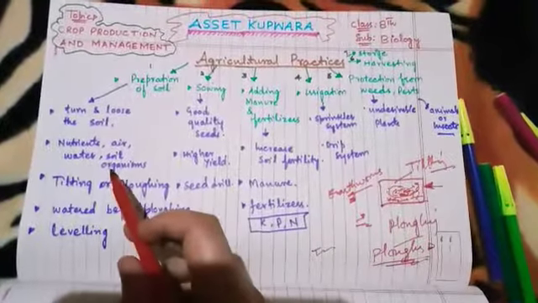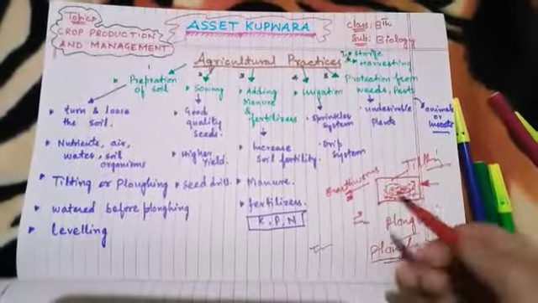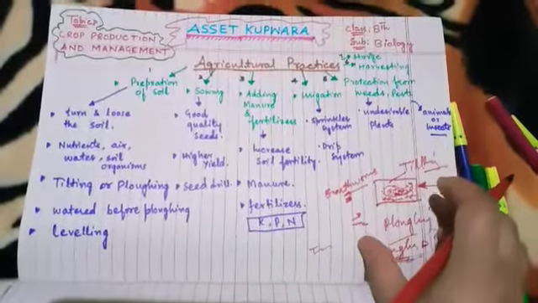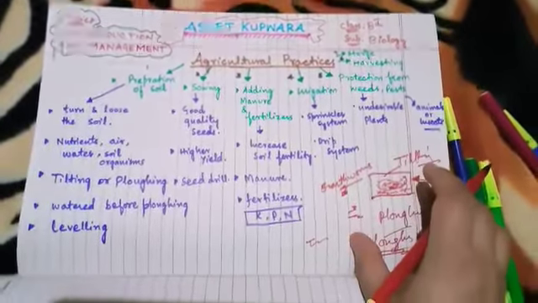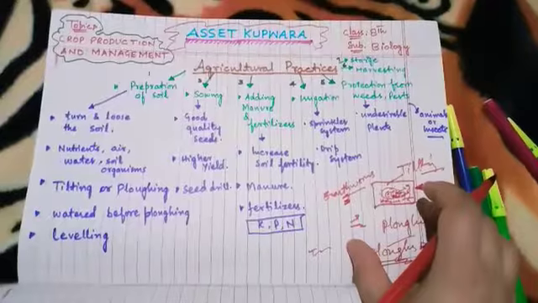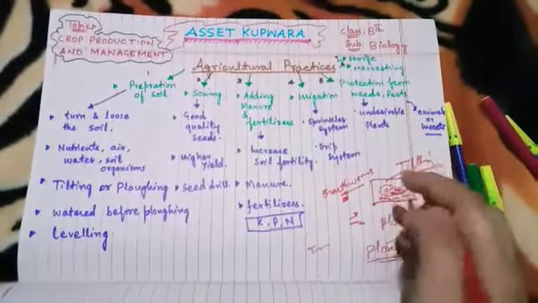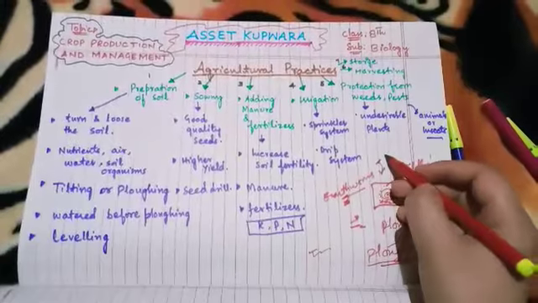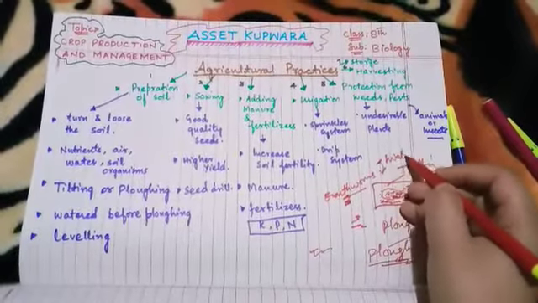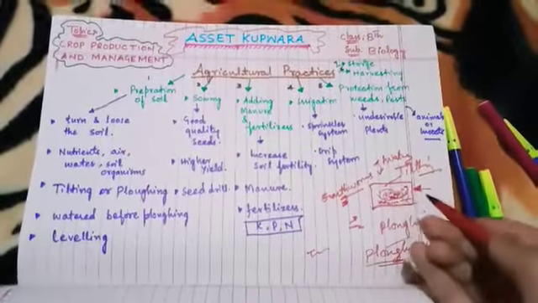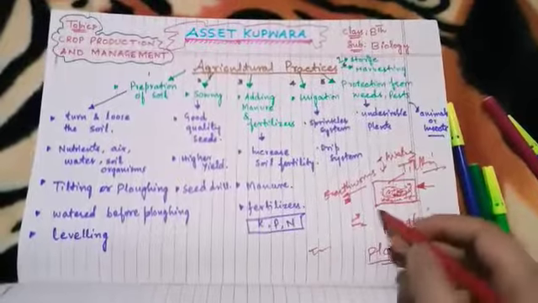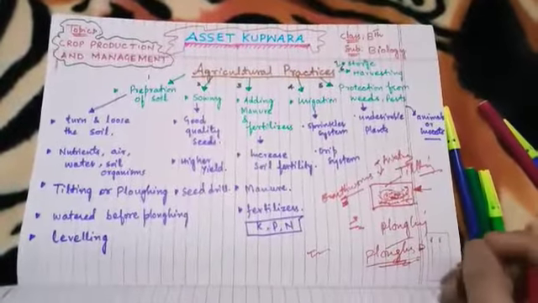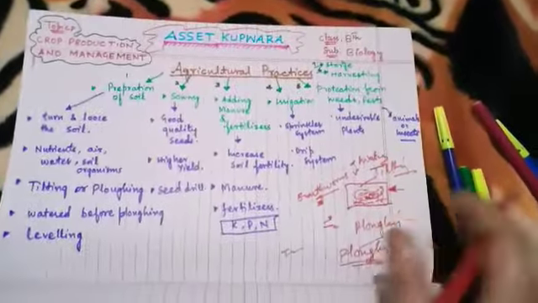So for this purpose, so that nutrients, water and air will be available easily to plants, this tilling is done. And what is done before the ploughing? The field is watered first. Water should be there so that ploughing will be easy, and leveling is done for proper irrigation and proper growing of crops.